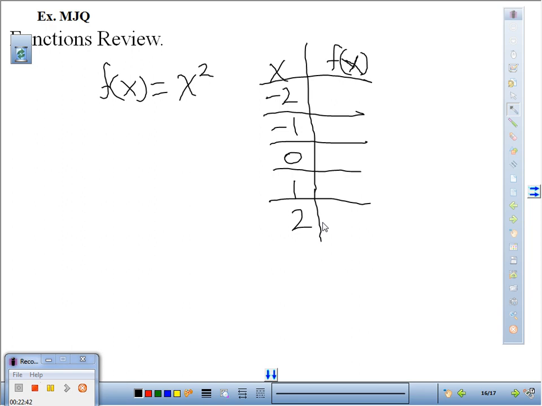I told you guys to always use that. So if we were to substitute these values in here, -2 squared is 4, -1 squared is 1, 0 squared is 0, 1 squared is 1, 2 squared is 4. This is automatic by now, right? Especially those of you that we've been doing this already for a couple of weeks, nonstop. We wake up every day, a domain -2. However, now we're going to get into functions and transformations.